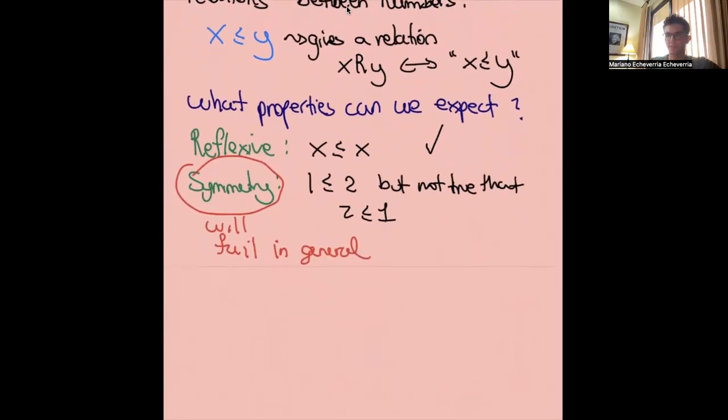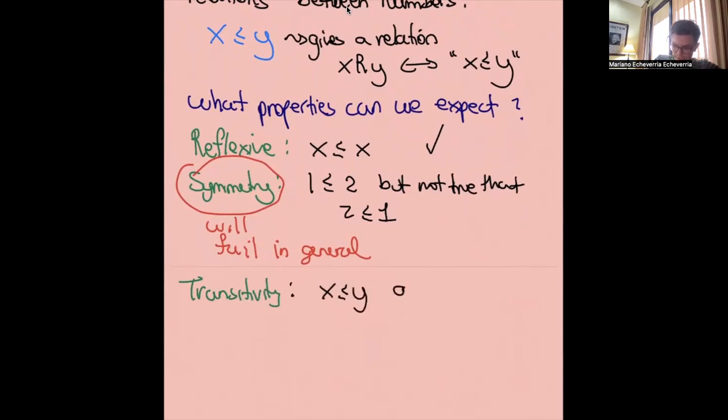So how about transitivity? Someone mentioned that. What can we say about transitivity? What if you know that x is less or equal to y and y is less or equal to z? It does follow from how this ordering of numbers works that x is less or equal to z.